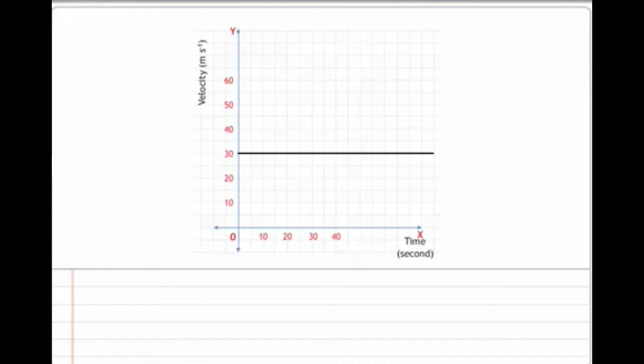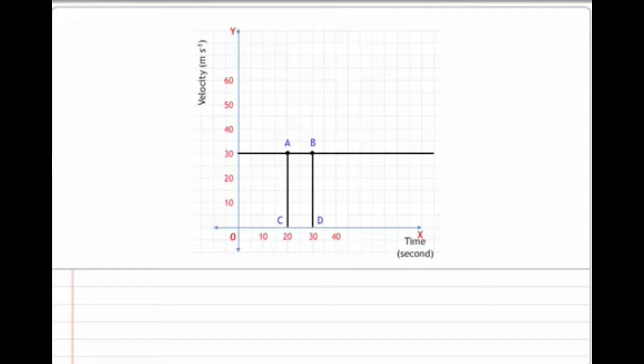To determine the displacement of the car between points A and B, which represent the position of the car at durations 20 seconds and 30 seconds respectively, draw perpendicular lines from A and B to intersect the x-axis at points C and D respectively.